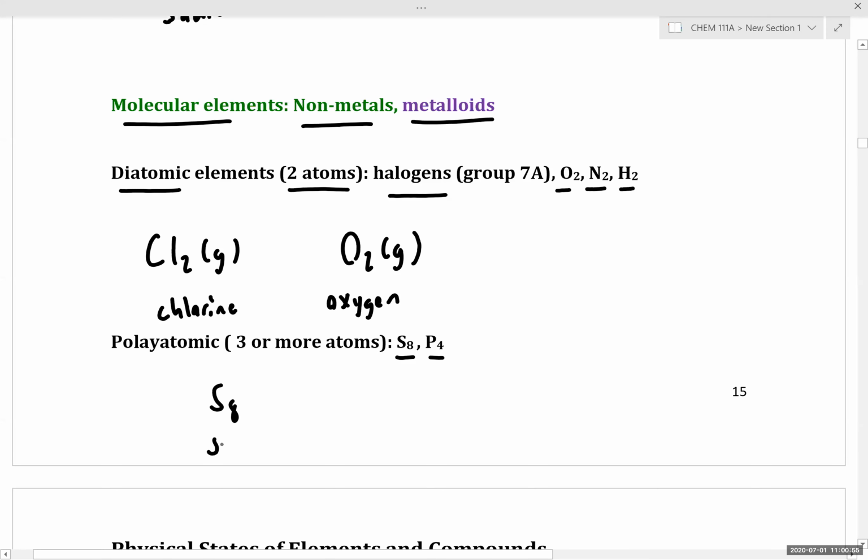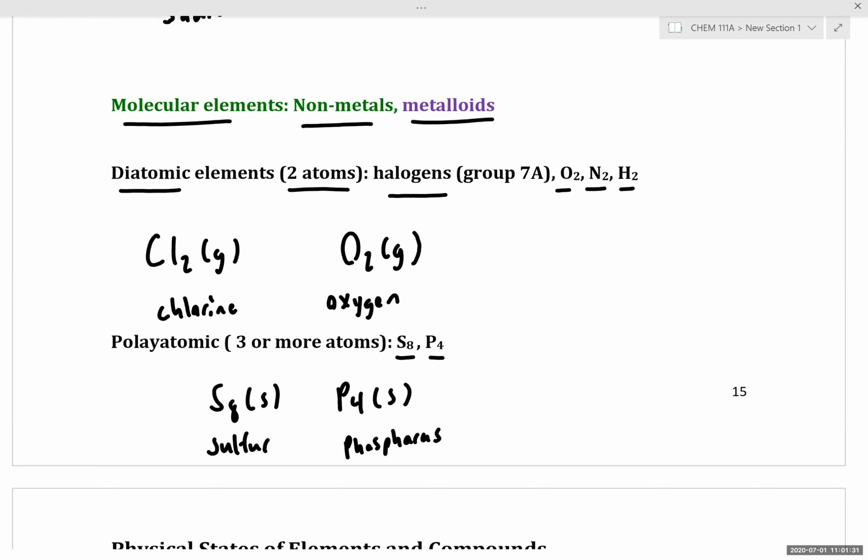S8 would be sulfur and P4 would be phosphorus, and both of them are solids. The reason we develop this skill of writing the formulas of elements is that if I say in a chemical equation, for example, phosphorus and oxygen react, you need to know how to convert these word phrases into equations. You need to know the nomenclature rules in order to do that.